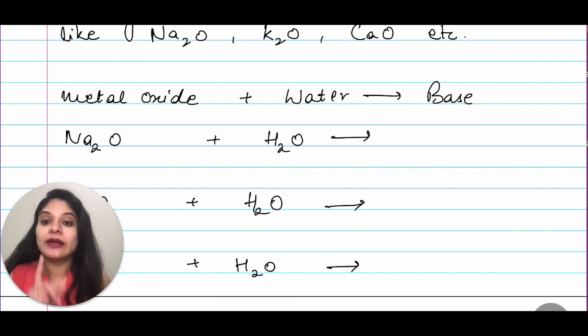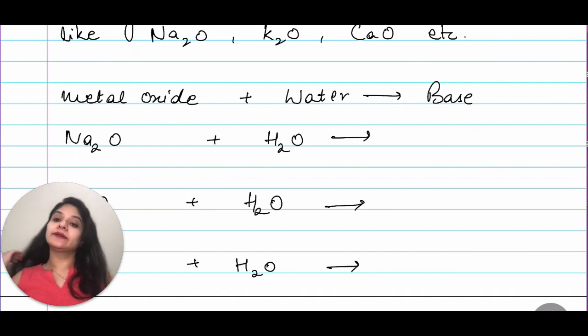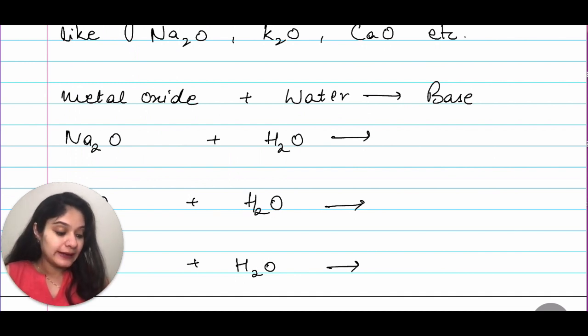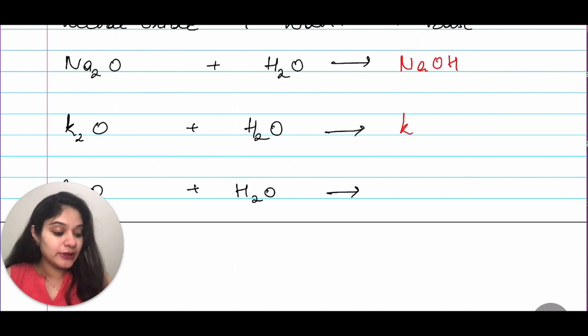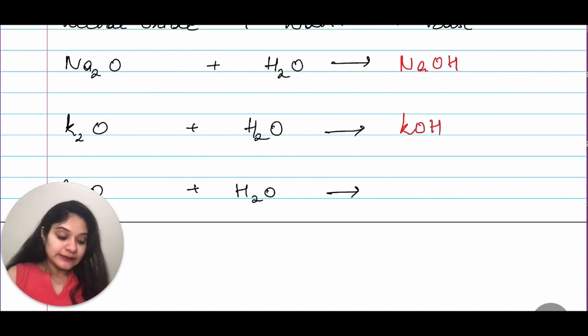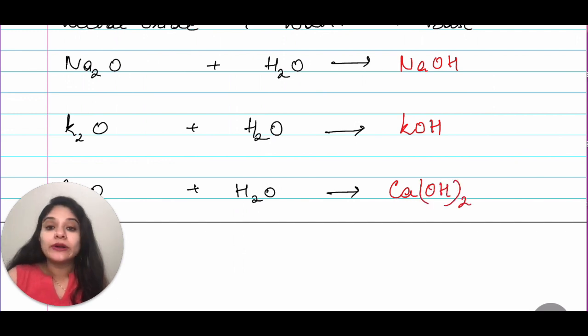Okay, so when I have metallic oxide and I combine that with water, I'll get a base. What kind of base will I get? I'll get NaOH from Na2O. Then I have K2O plus water, that will give me KOH. CaO plus water will give me Ca(OH)2. So what is happening?